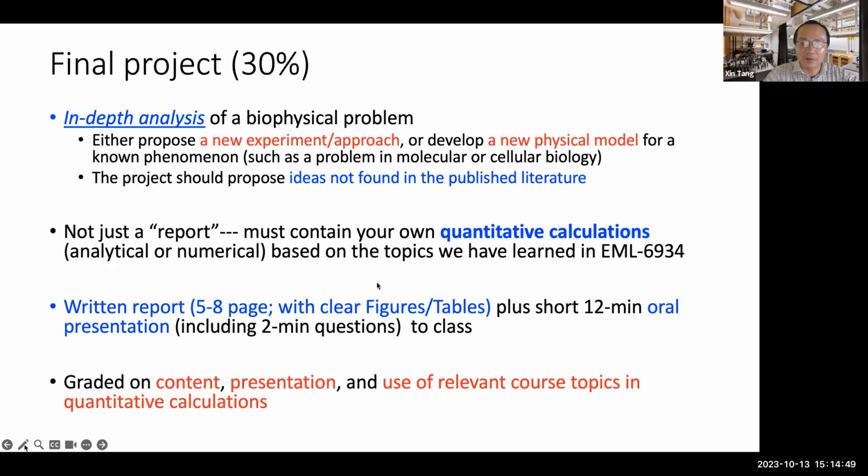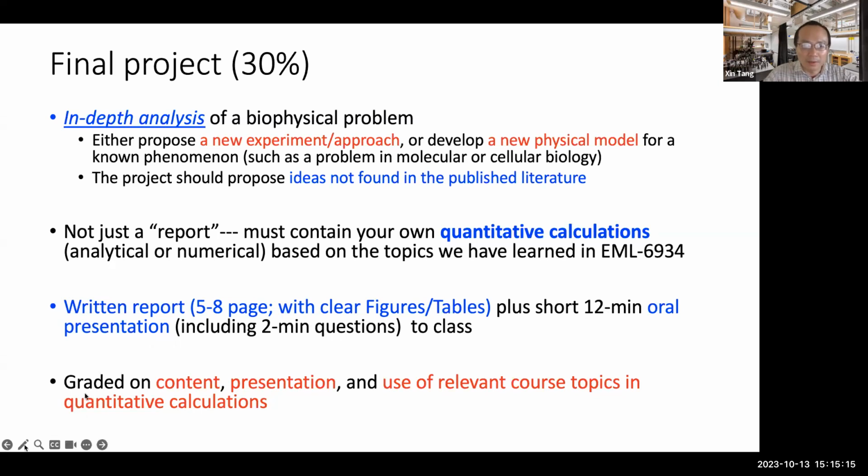That's the final report. The final presentation can be a 12-minute oral presentation, and we have 2 minutes for questions. Overall, both the written and the oral together will be 30% plus 10% of your final score.